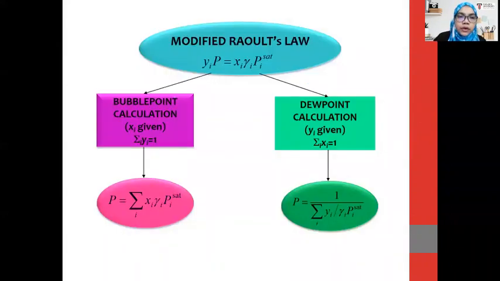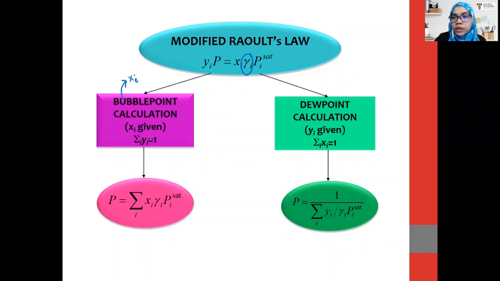Okay, the modified Raoult's law is the same as Raoult's law, but it introduces the activity coefficient, gamma, in solving the problem. So we have the bubble point calculation. For the bubble point, the given composition is liquid, and we need to find the vapor composition.